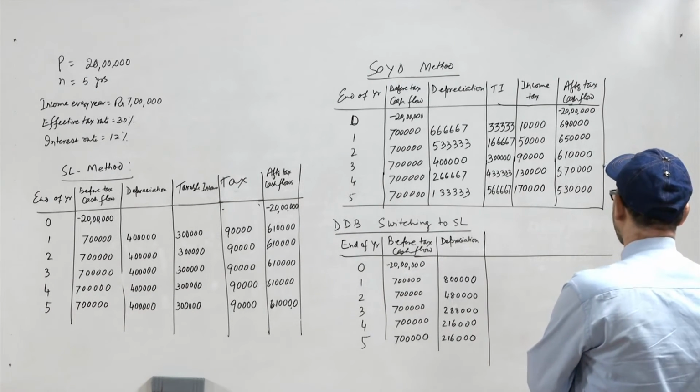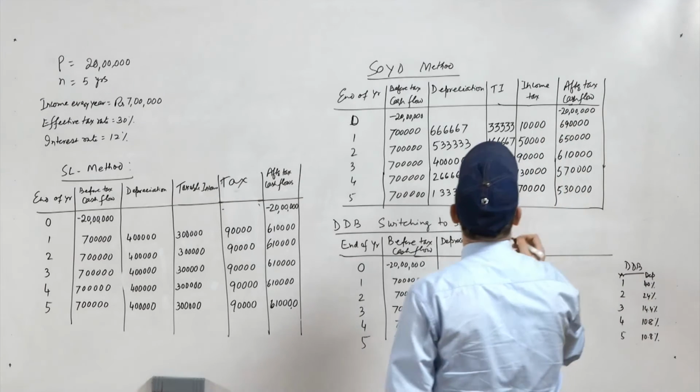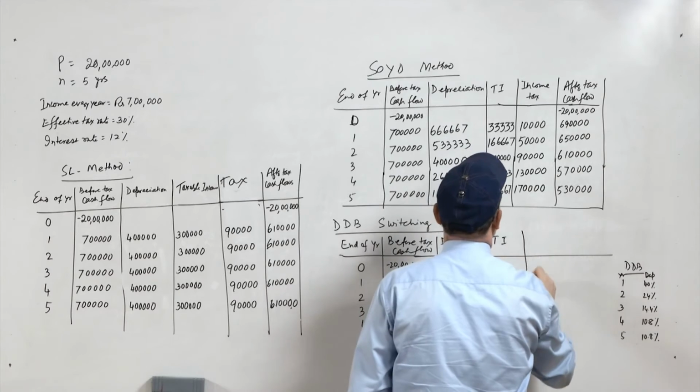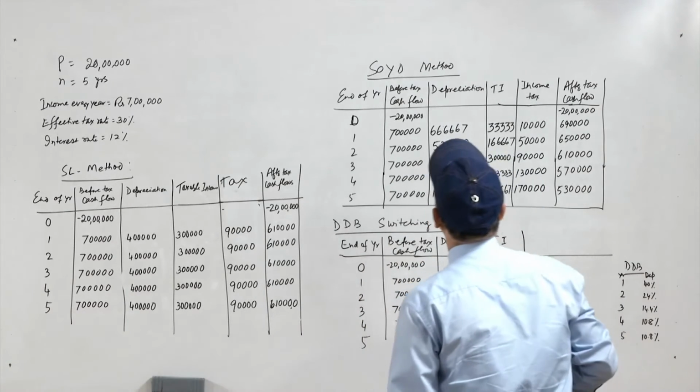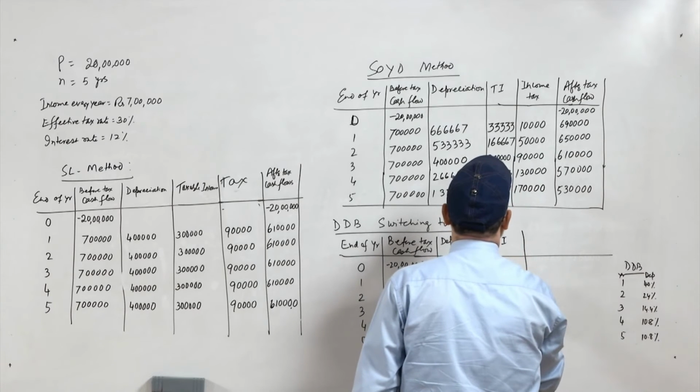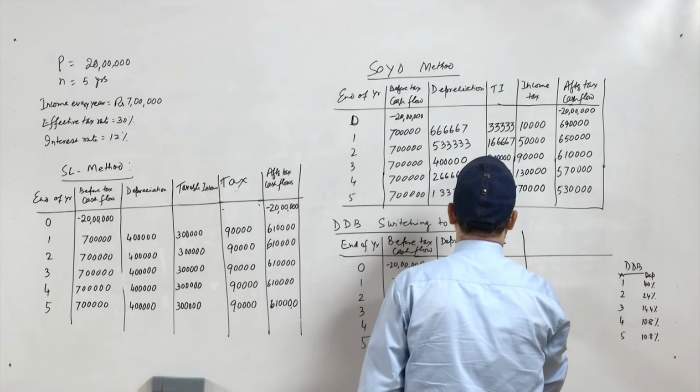Then, if we look at the taxable income, we have to get the tax benefit here in this case.